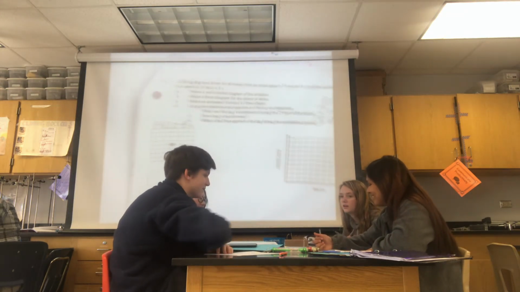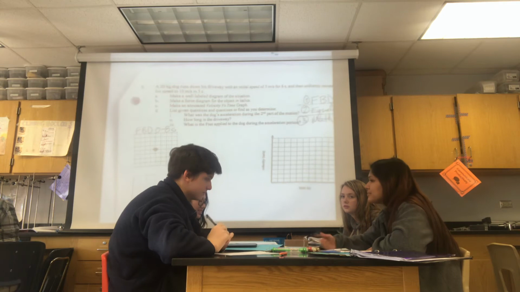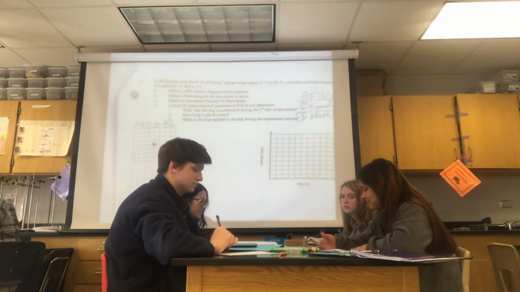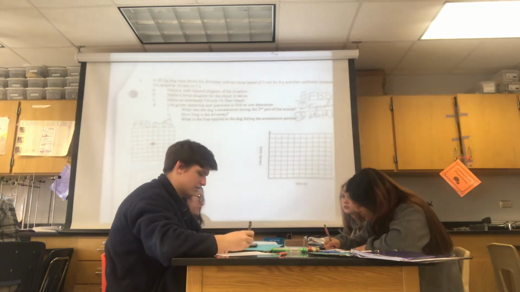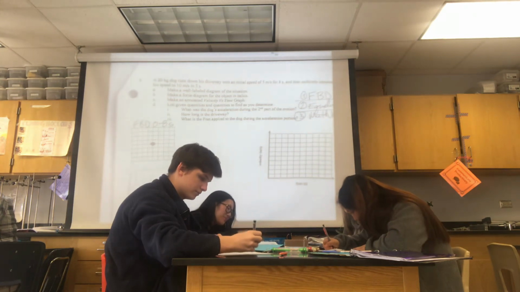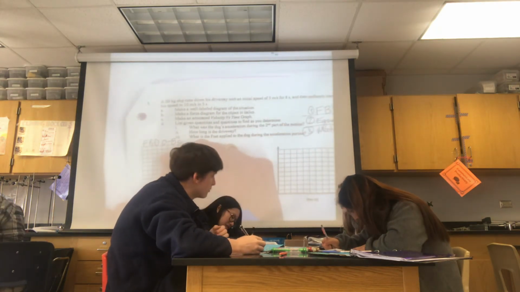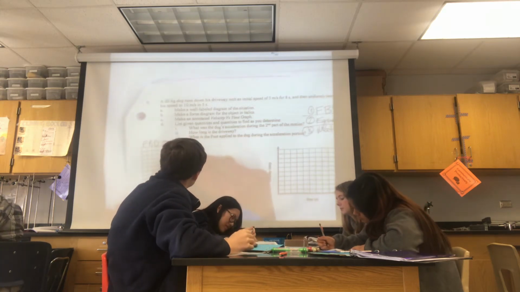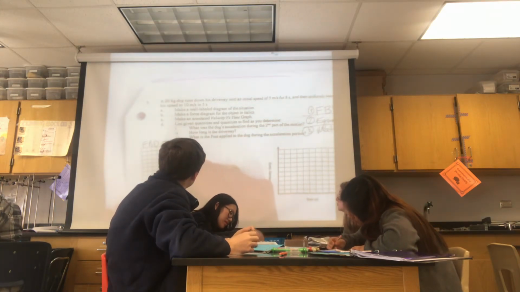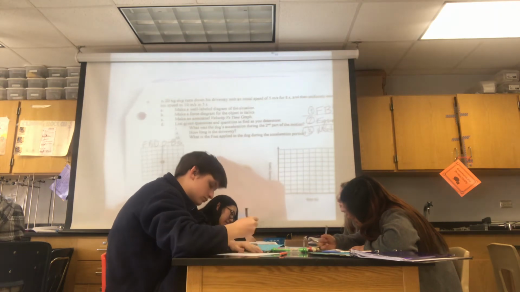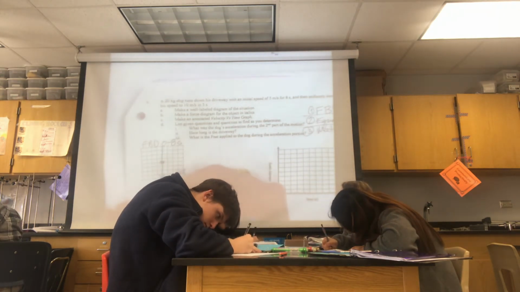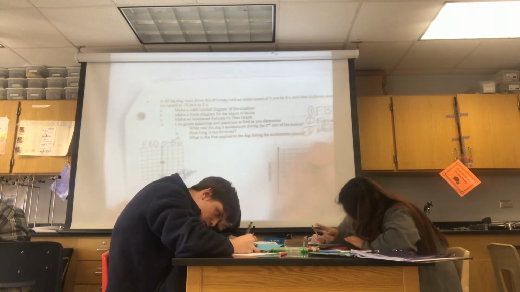Want to take a look at the free body diagram? Yeah. All right, let's do it. Okay, so what do we got? Talk to me. Okay. FG on the dog, right? By the earth. Okay, somebody else?